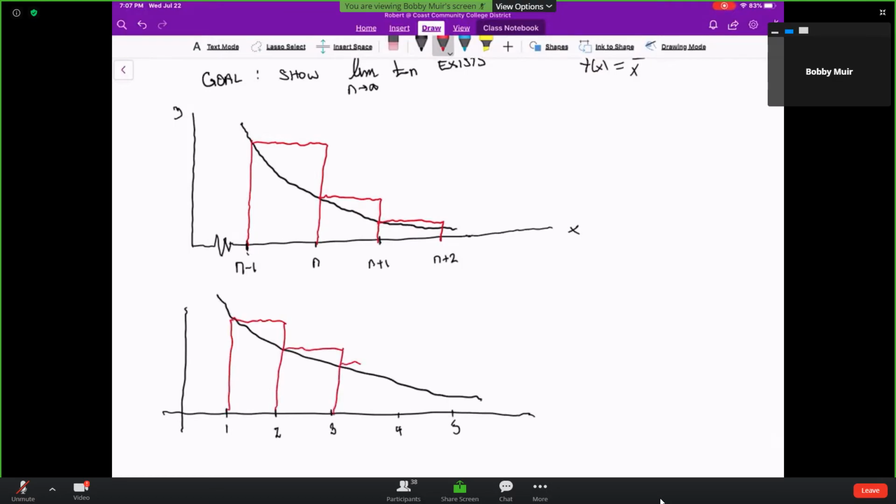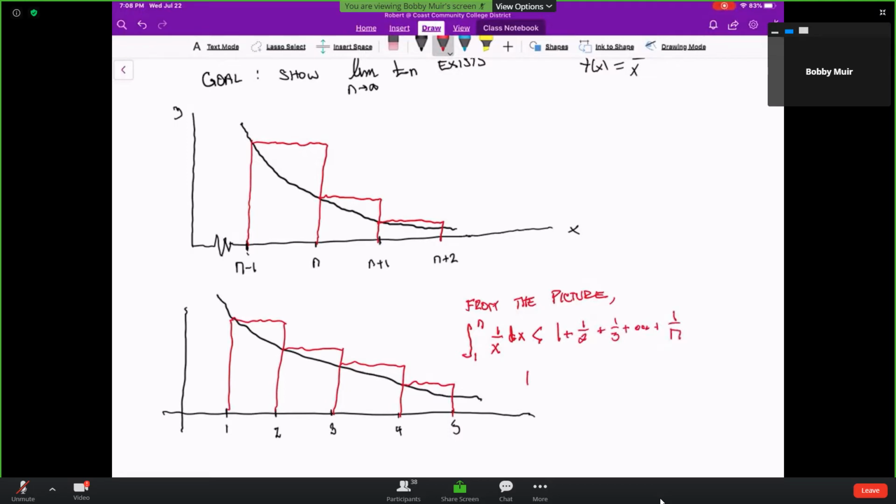We need to first get some kind of estimate of what's going on when the thing starts. From the picture, the integral from 1 up to n of 1 over x dx, which is the natural log of n, is smaller than the area of all of these rectangles we're adding up.